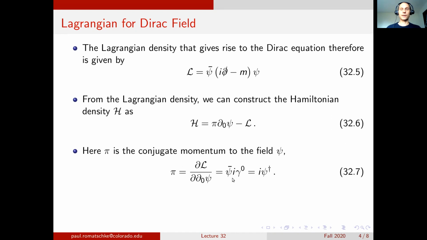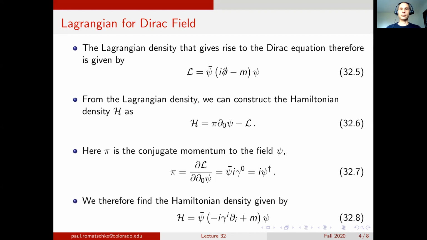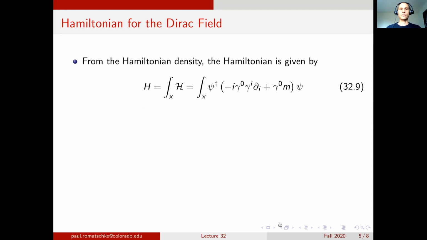Since psi bar was defined as psi dagger gamma 0, we can use the fact that gamma 0 squared is just unity to find that the conjugate momentum is just i psi dagger. Plugging this in the formula for the Hamiltonian density, we find that the Hamiltonian density is given by this expression here. And from the Hamiltonian density, we then find the Hamiltonian as the integration over space of the Hamiltonian density, which then is the integral over space of this function that we had before.